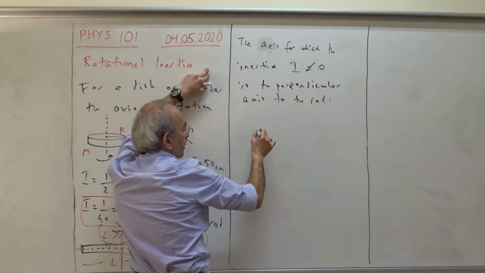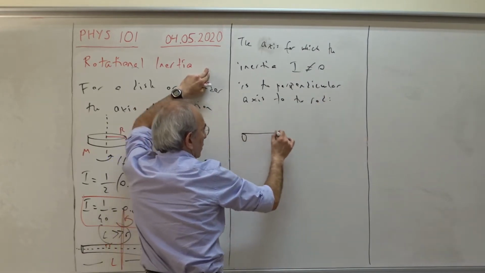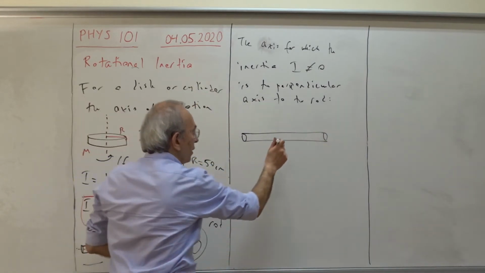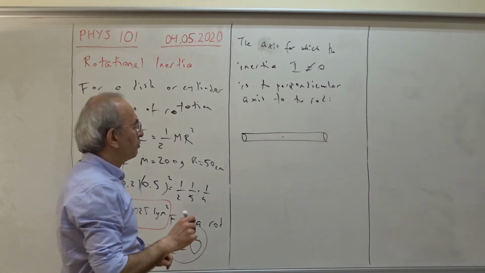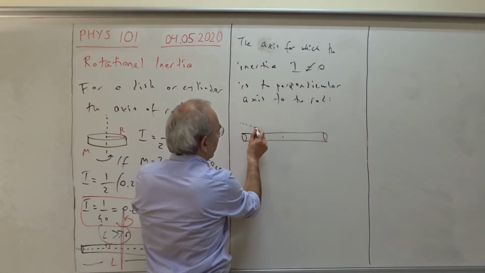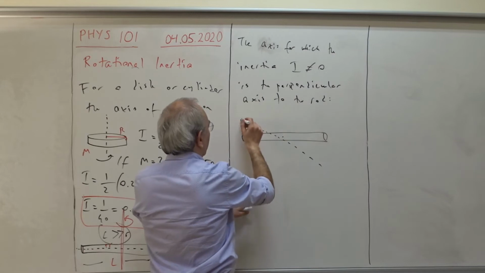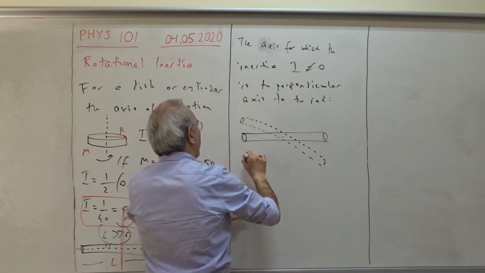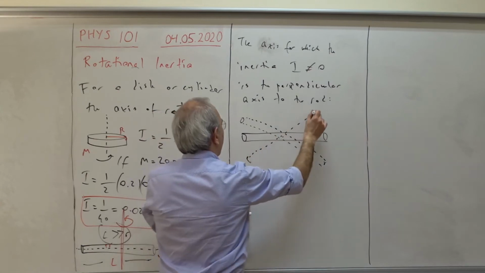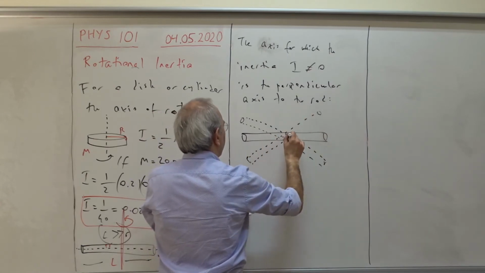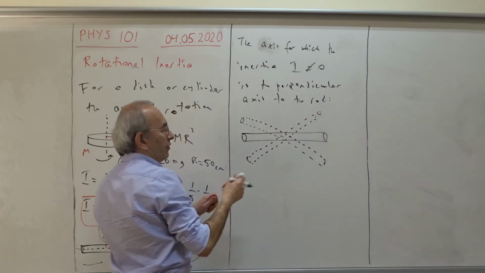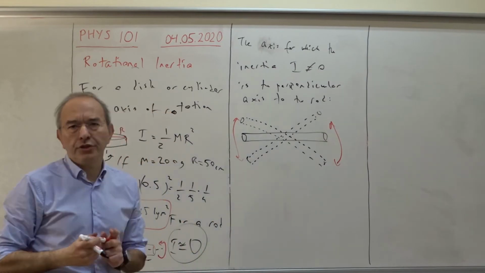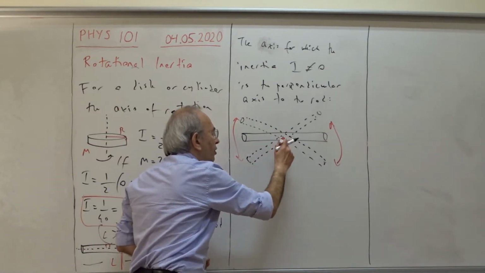So for example, this is the rod, and it can be turned around this midpoint. The axis can be turned, let's say, up and down like this, through the midpoint O.